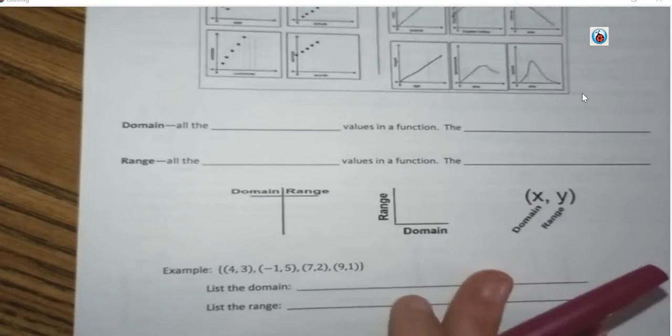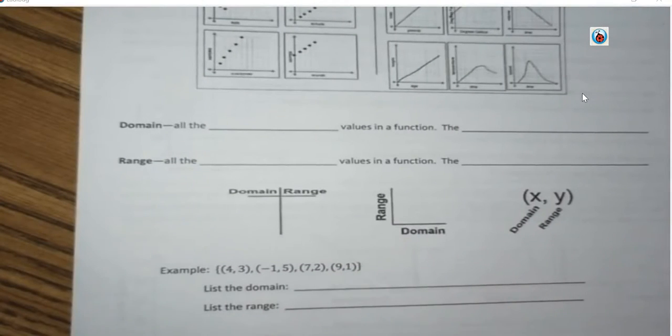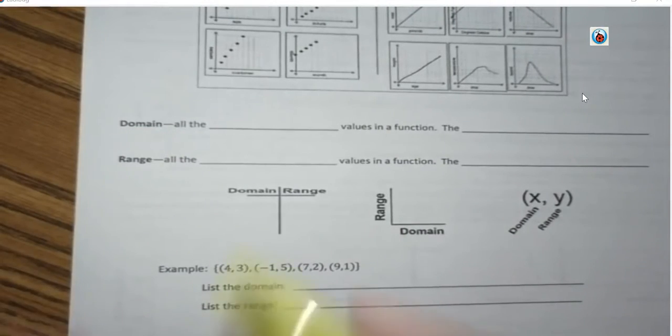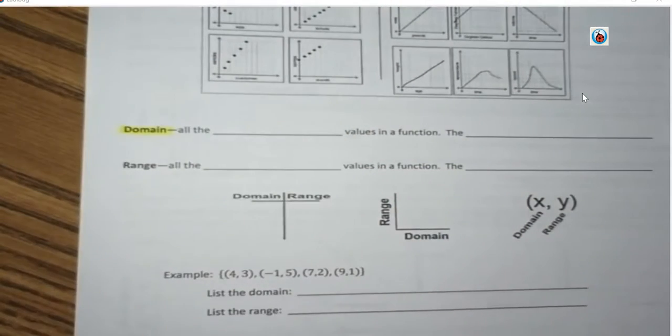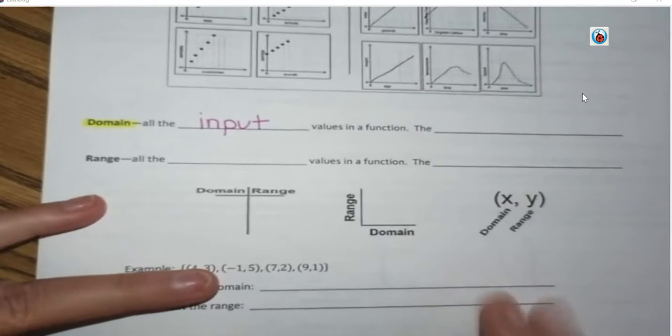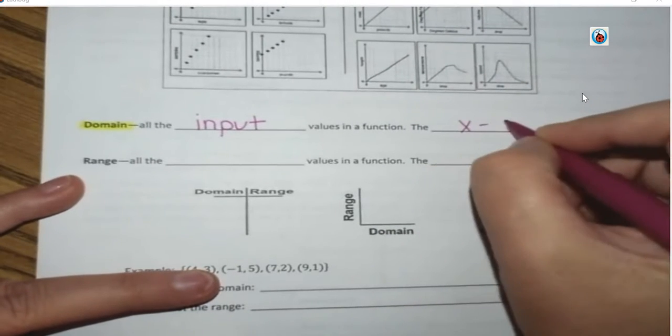Okay, this domain and range, the next two words, these you started learning about last year, and then we're going to get a little bit harder this year with them. Okay, domain, this should be review, but your domain is all the input values in a function, also called the x-coordinates.